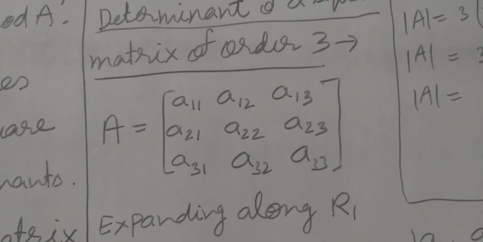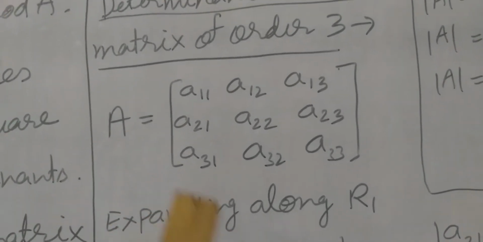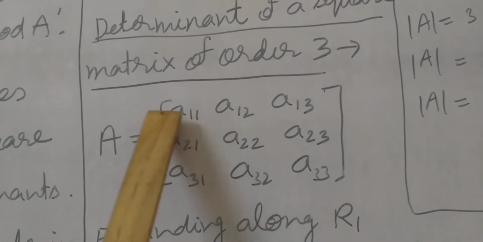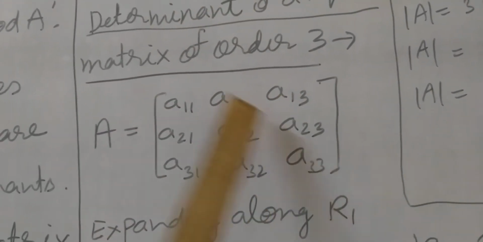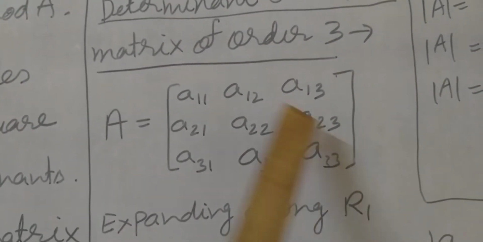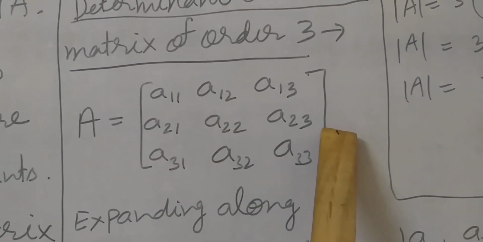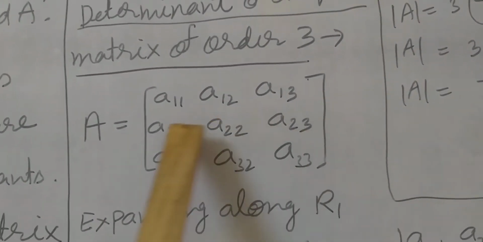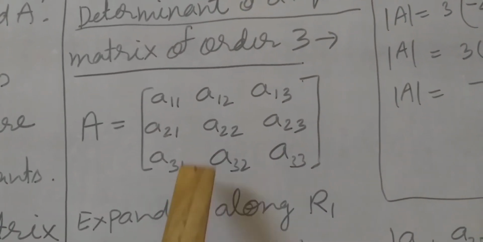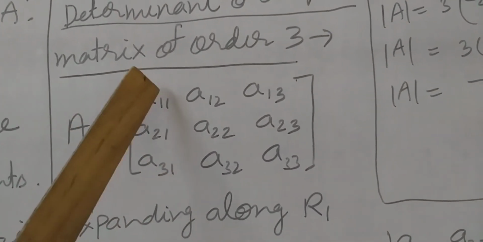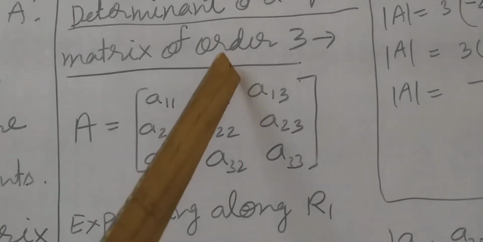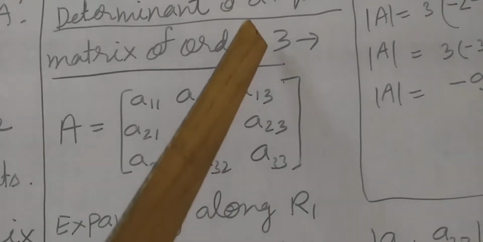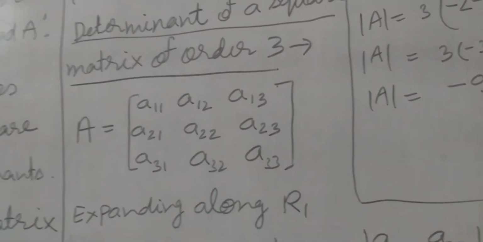So students, its determinant can be obtained by 6 methods. We can expand it along any row or any column. There are 3 rows, so by 3 methods we can find its determinant using rows, or we can find it using the columns, by first column, or second column, or third column.